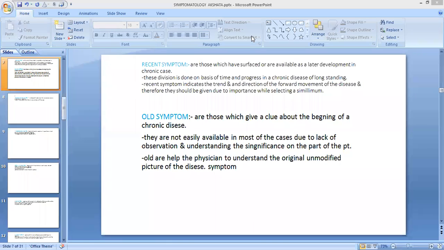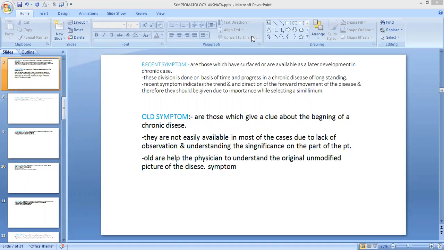And why are these symptoms important? Because these symptoms help to understand the original unmodified picture of the disease.